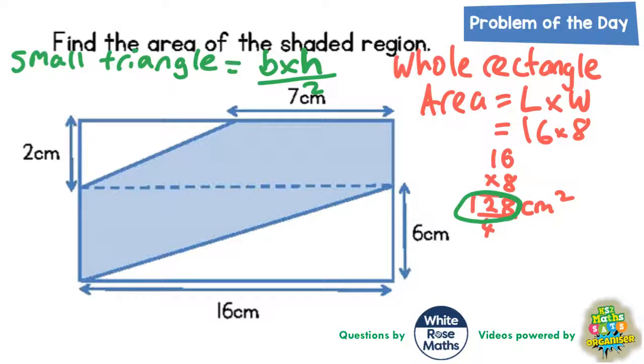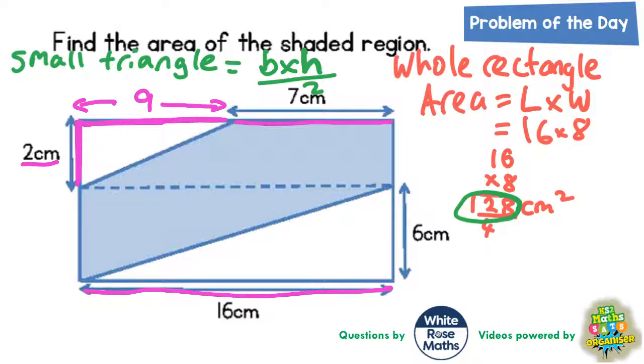Well, this 2 here could be one of the numbers, but we would need to know this distance here. Well, if we know that the distance carrying on is 7, but the whole distance along the bottom is 16, then what adds on to 7 to make 16? Well, that would leave this distance having to be 9. So there is our two measurements for our small triangle.